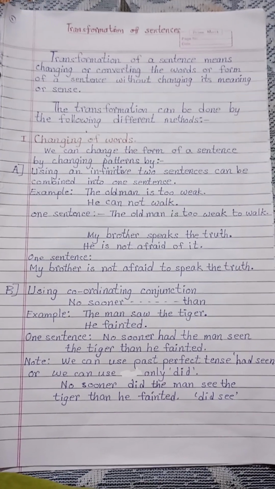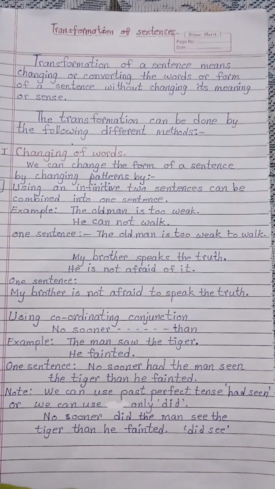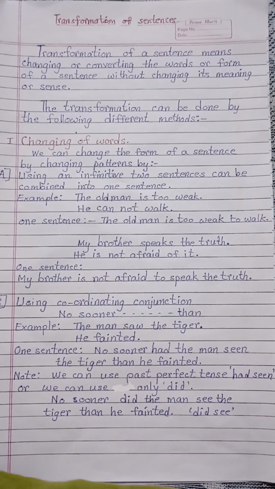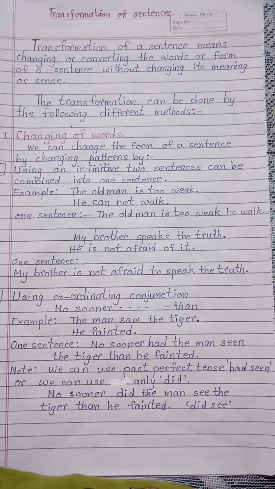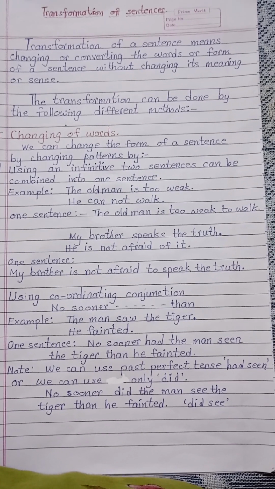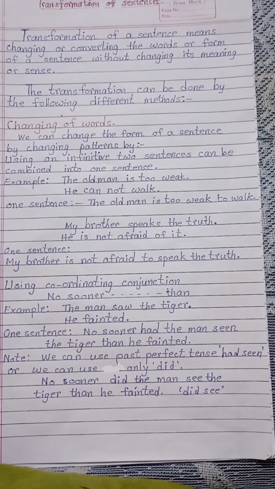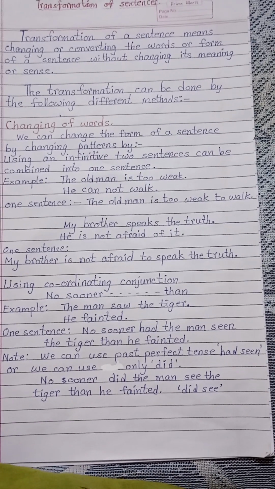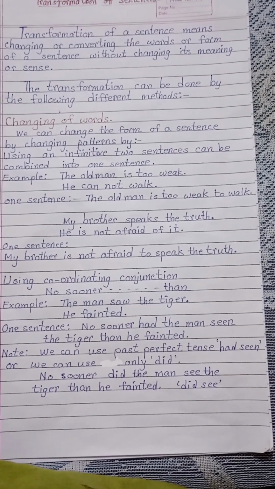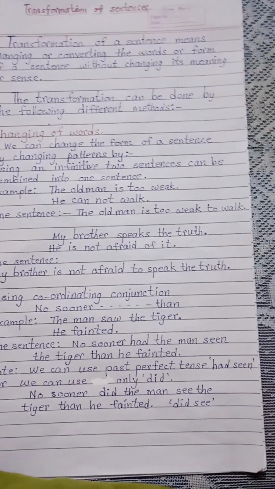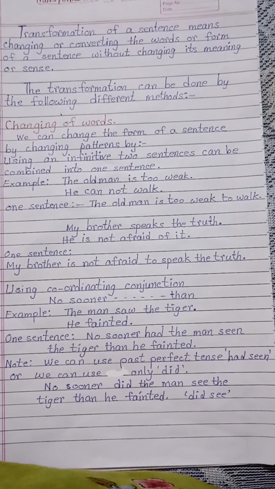Example, the old man is too weak. Second sentence, he cannot walk. Those two sentences we have to combine into one sentence. So what to write? The old man is too weak to walk. So to walk, that is infinitive.